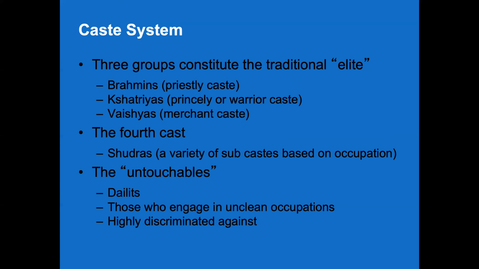And these are individuals who engage in unclean occupations and unfortunately can be often highly discriminated against. So this is a very distinctive societal caste system that frankly still exists in India. However illegal it might be, however negatively you may look at it, again, you have to sort of take away your Western and American sunglasses and view it from their point of view.